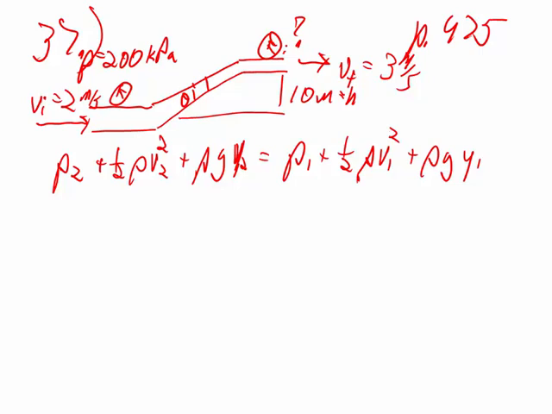We want to find the final pressure. And the density of the oil, I forgot that, is 900 kilograms per meter cubed. So what are we looking for? We are looking for P2. So we're solving for this pressure right here.